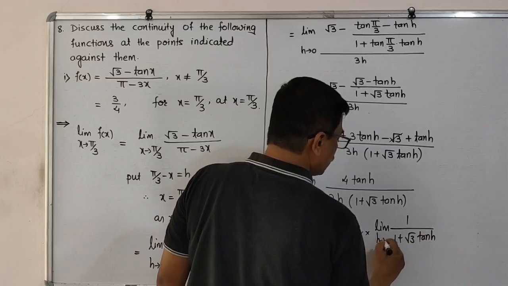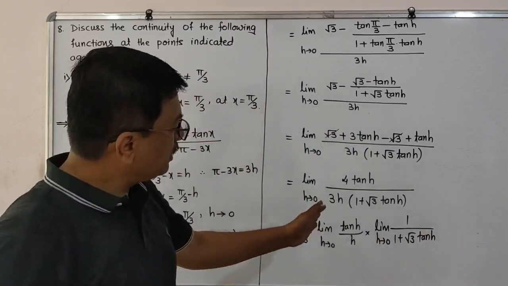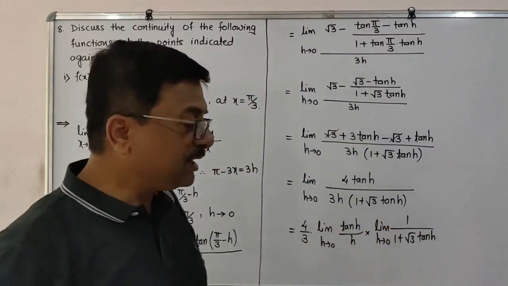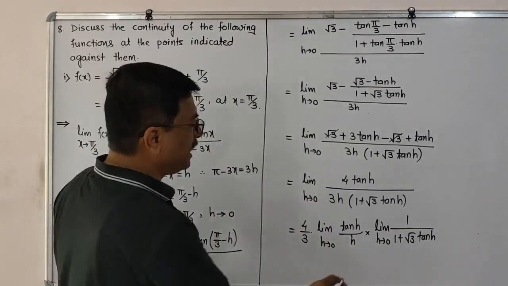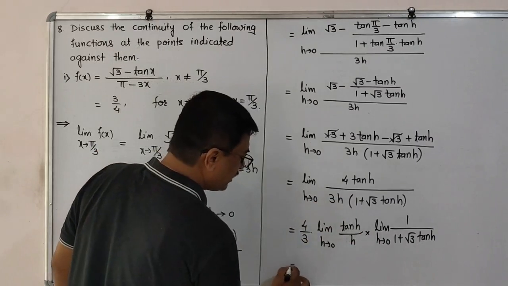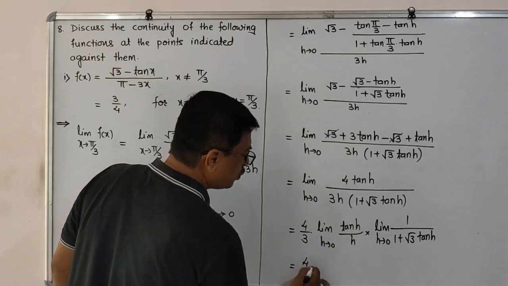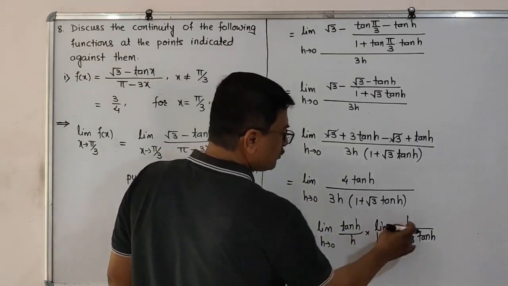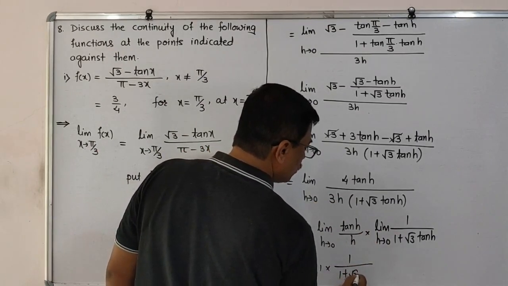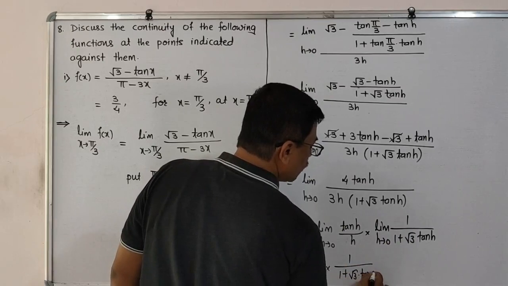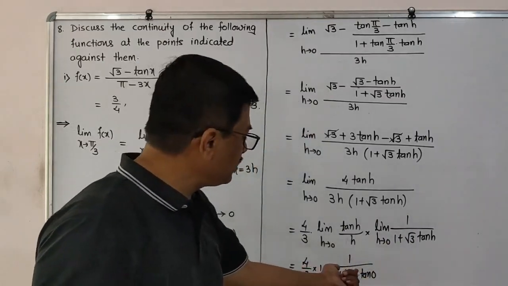Why have we separated it into two limits? Because we have a separate formula for tan h upon h: the limit of tan h upon h is 1. Here it is 4 by 3 into 1 into, substituting the value here, 1 upon (1 plus root 3 into tan of 0), and we know that tan 0 is 0.